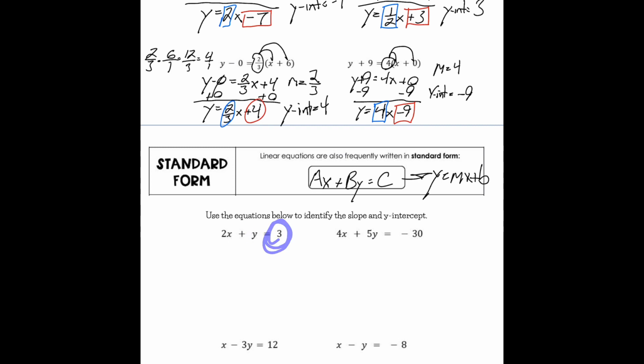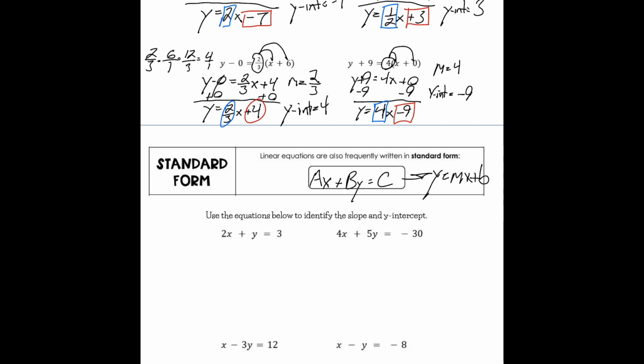C equals 3 in this equation. So ax plus by equals c, 2x plus 1y equals 3. We want to manipulate this equation so we have a y by itself. That means I need to take this 2x and put it over on the other side of this equation.